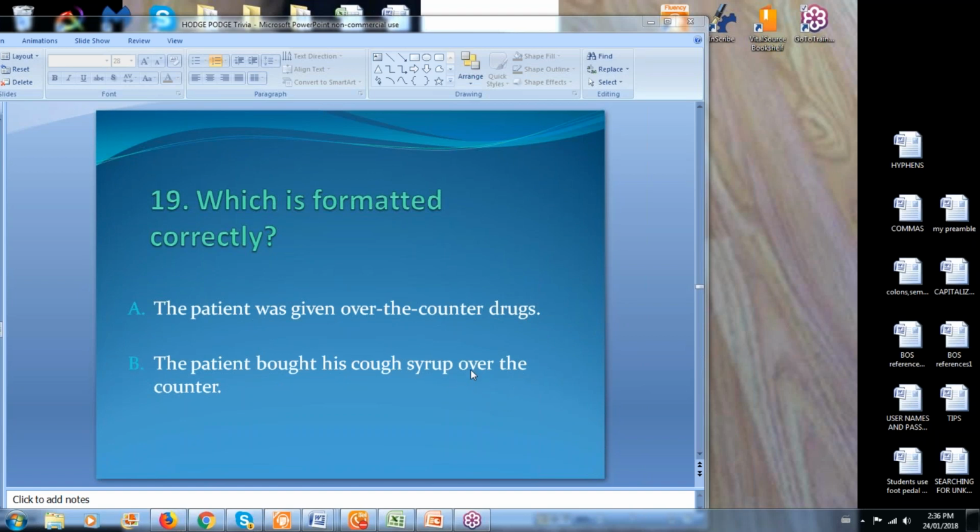correctly formatted. So just remember, if it comes at the end of a sentence without a noun following, then you wouldn't hyphenate it. But if there is a noun that follows it, then you would. Okay, then.